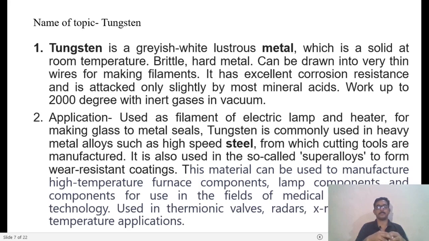It will work as a luminous body, and at a particular temperature it goes into a red hot condition, and in that case this tungsten element will emit light also. So nowadays these tungsten filament lamps can be used for heating purposes and also for lighting purposes, but they consume more power as compared to other lamps.